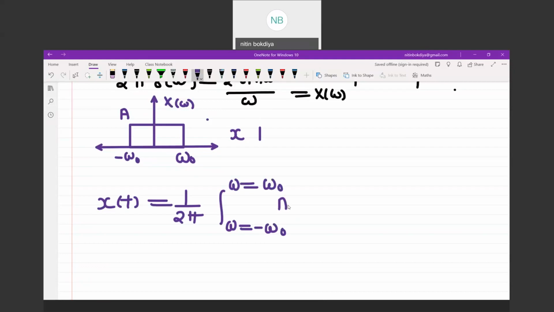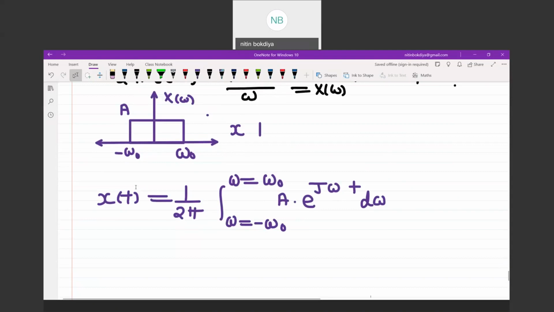This is a into what I can say, it's a e to the power j omega t into d of omega.